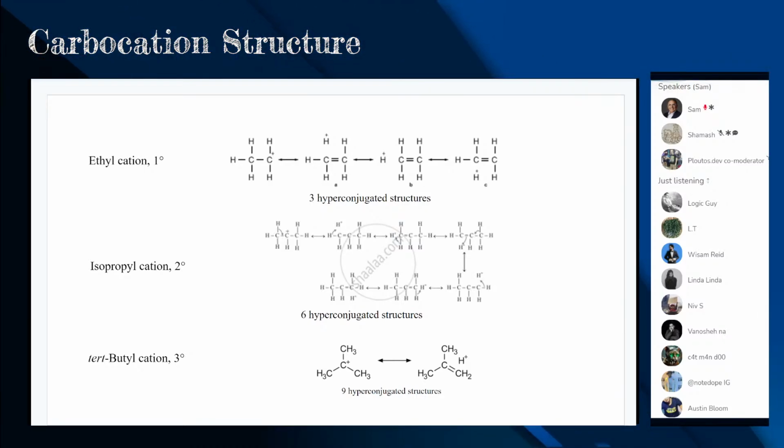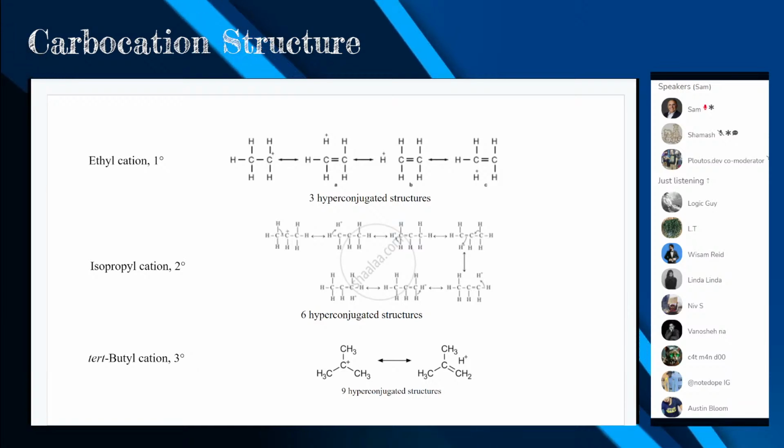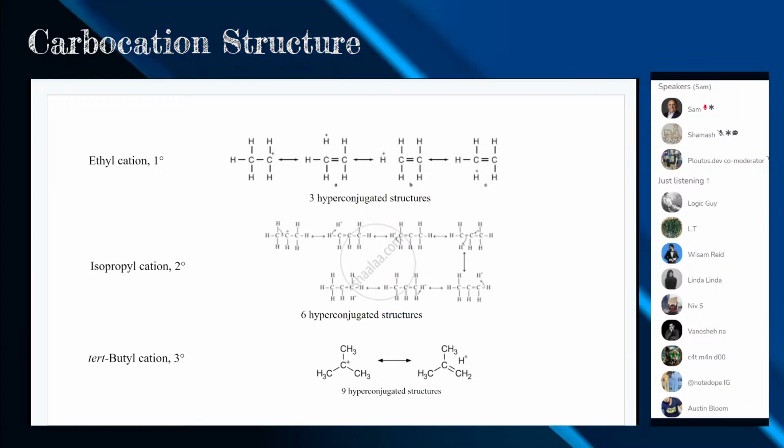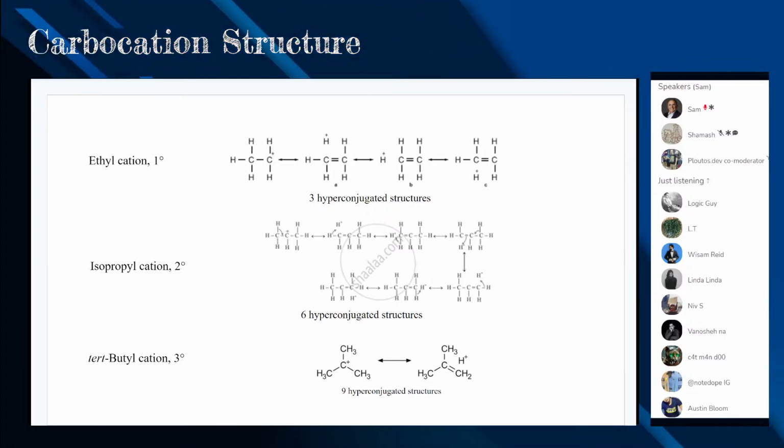So the ethyl cation is a primary one, meaning that the carbon that carries the positive charge is attached to only one other carbon, a methyl group in this case, because we're talking about methyl donations. And so here I can only draw three structures.